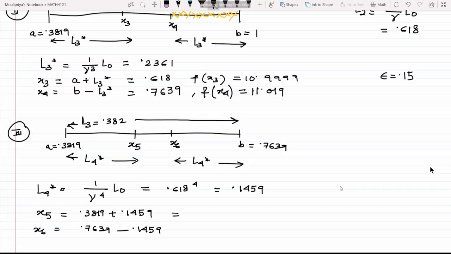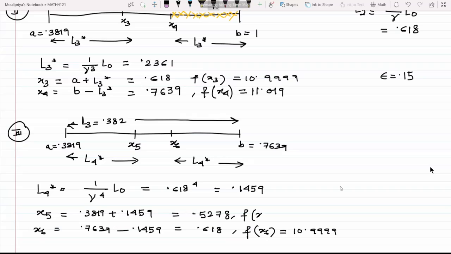So the values come as follows. X6 is the same as X3. So f of X6, we need not calculate, it is 10.9999.